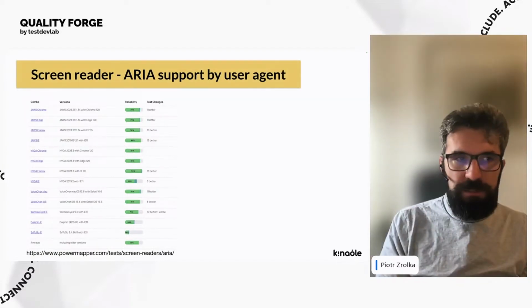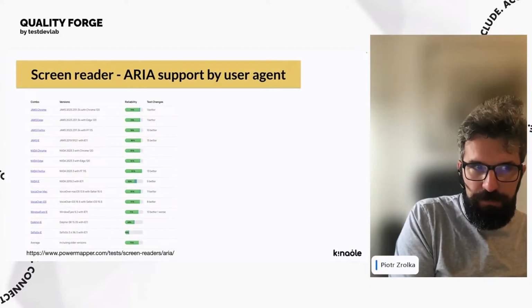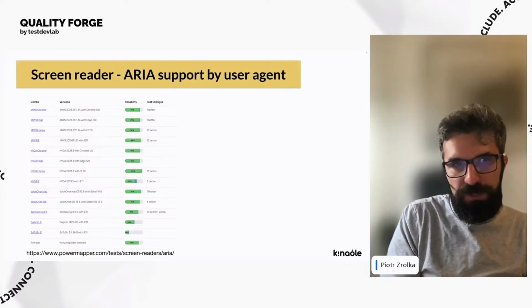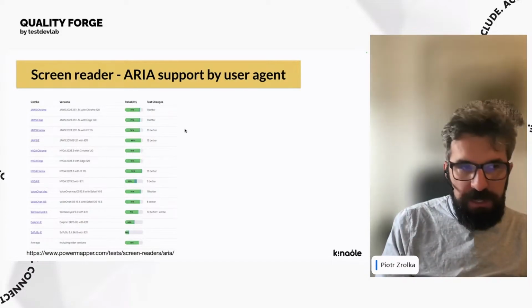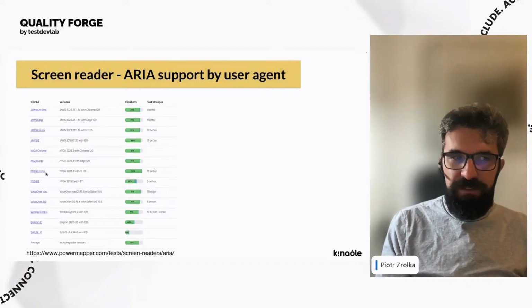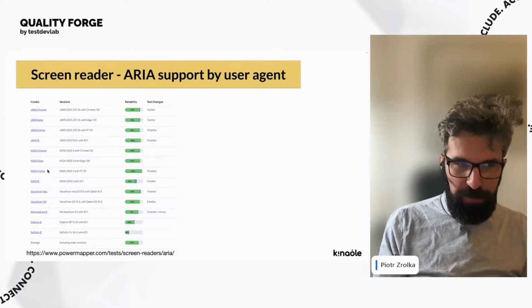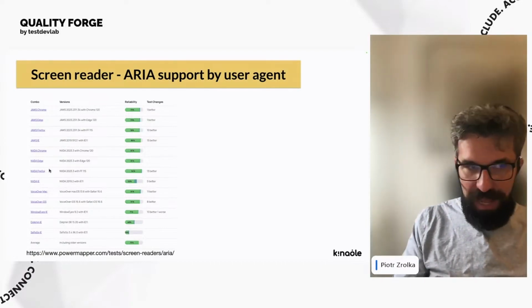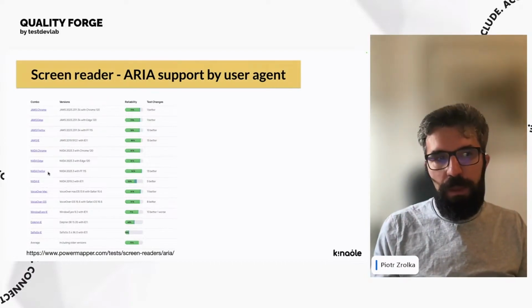You can see on the screen that combinations of screen reader and browser might have different reliability. And I would say nowadays, the best combination is NVDA with Firefox. This is the best ever, and I'm still seeing people, especially blind people, who use Firefox and NVDA on a daily basis.